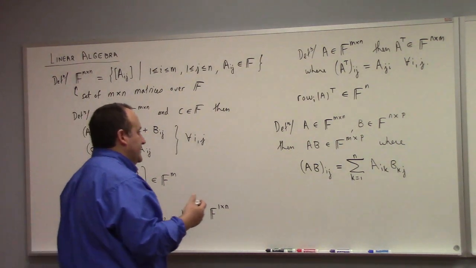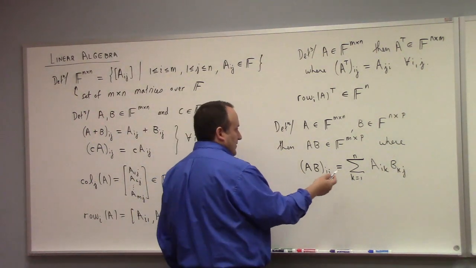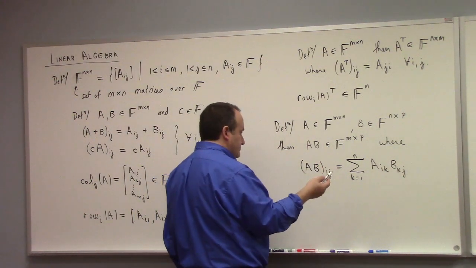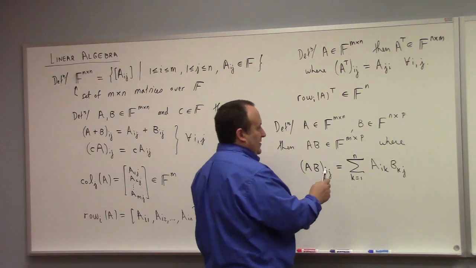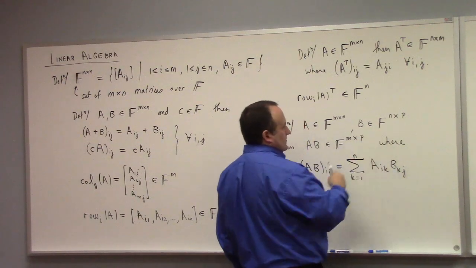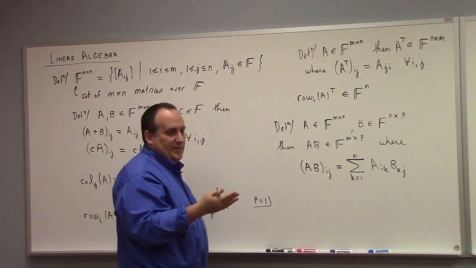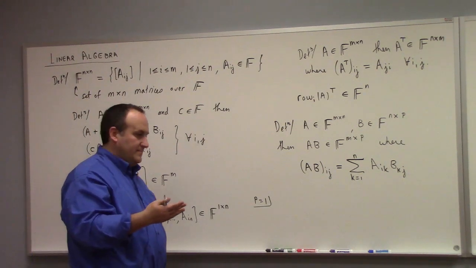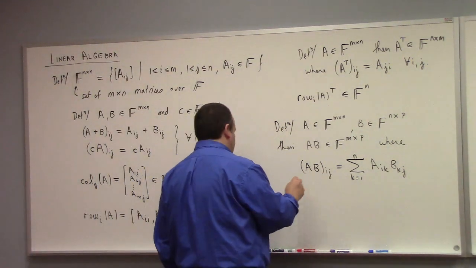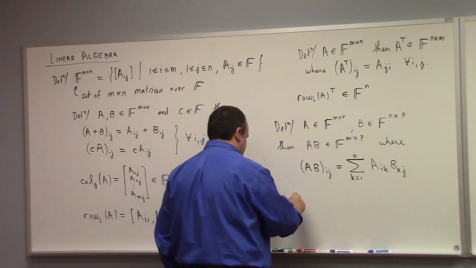So, if we have p equal to 1, what does that make B? It's n by 1, n rows by 1. In other words, B is a column vector. Then we usually write B equals x in that kind of case.